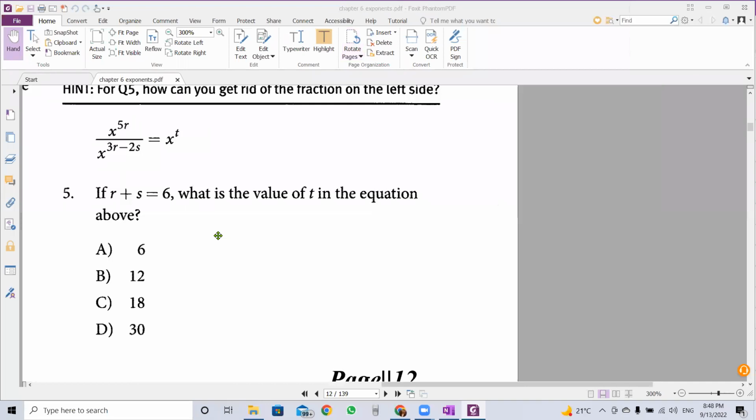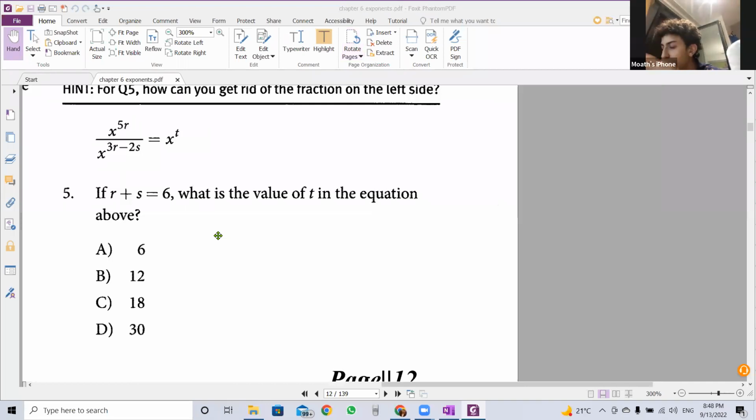Okay, watch this. Do you mean minus the 5r by the whole denominator, 3r minus 2s?